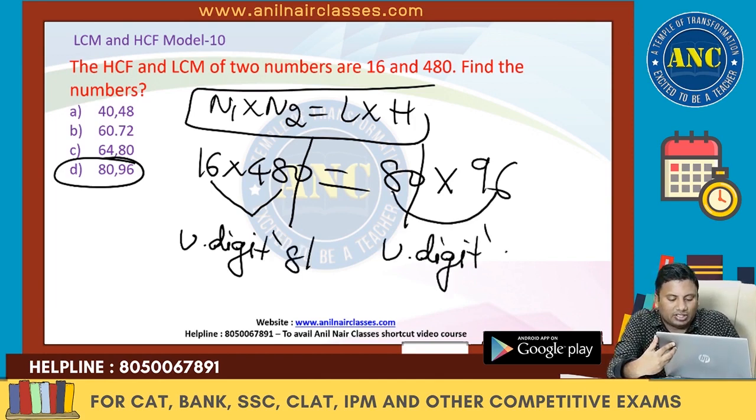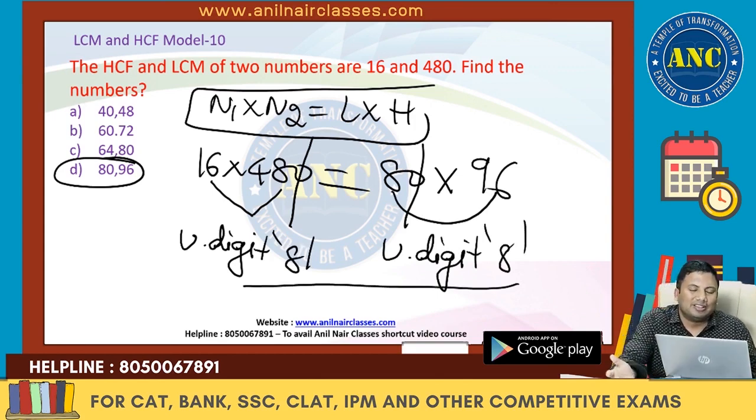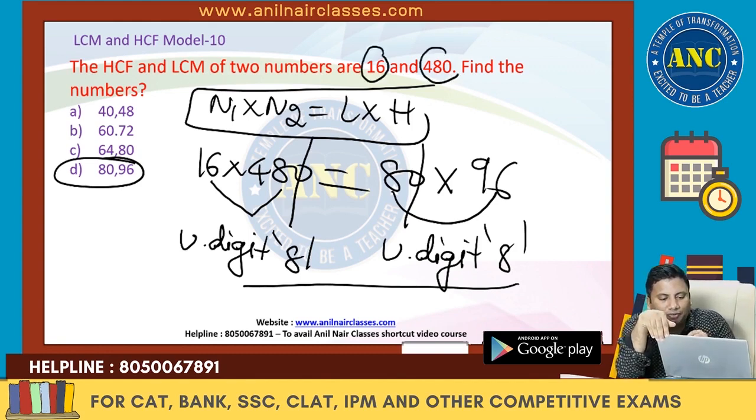Unit digit 8. It is matching. It is a simple thing of cancelling zeros. If I have to explain going back to school, it's a waste of time for me. I hope it is clear. N1 into N2 is L into H. 16 is a factor of 480, so I can use it perfectly.